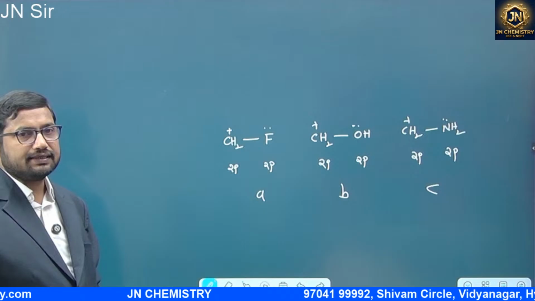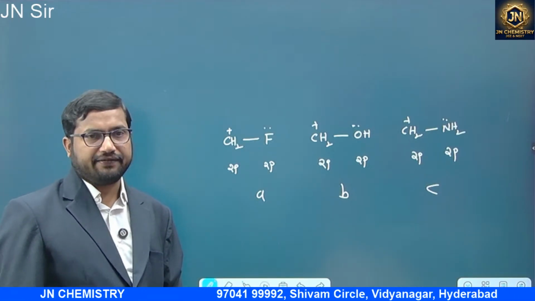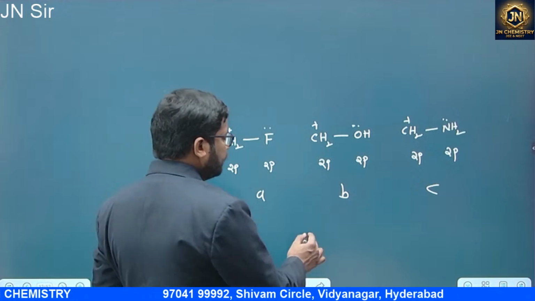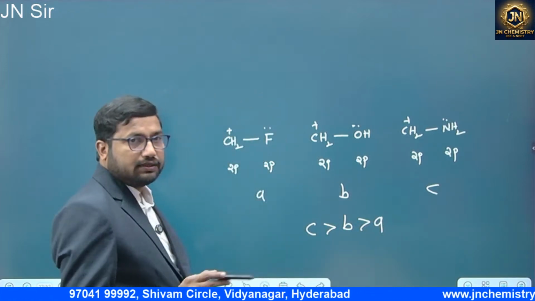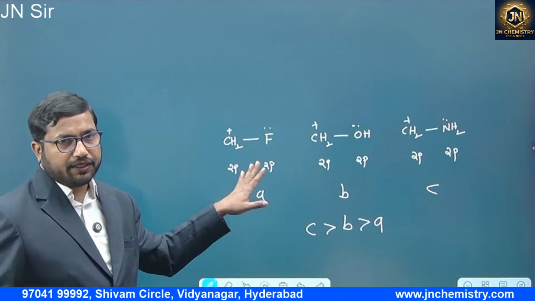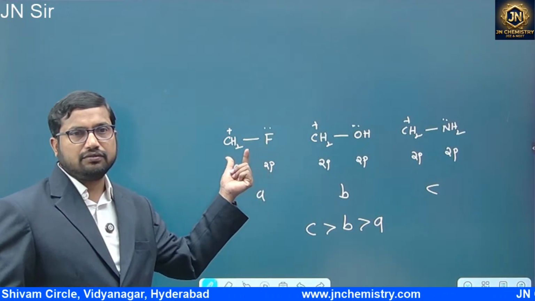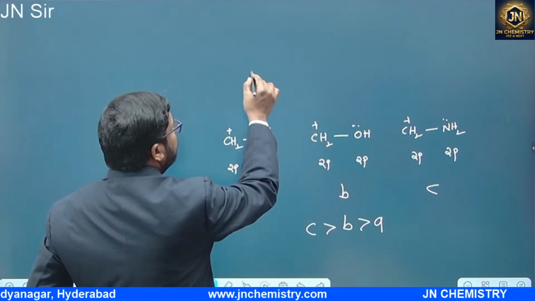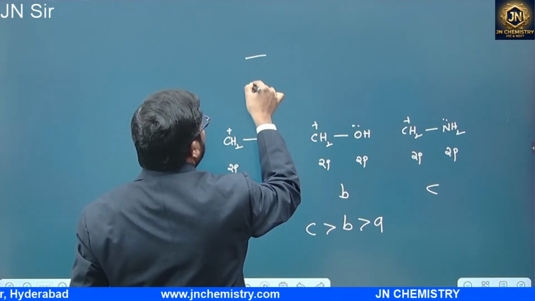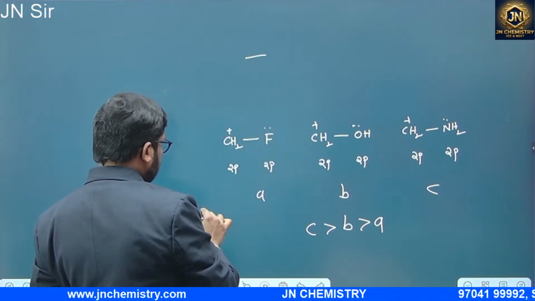In this case, we need to take electronegativity. So C, B, A. If both are 2p 2p, fluorine is more electronegative, and this is somewhat less electronegative.